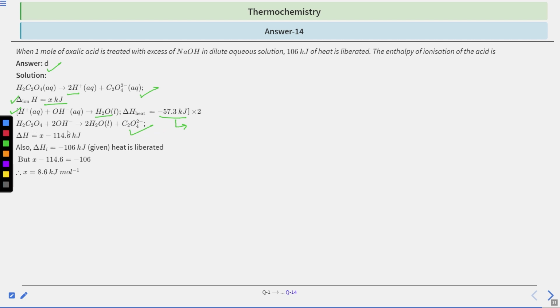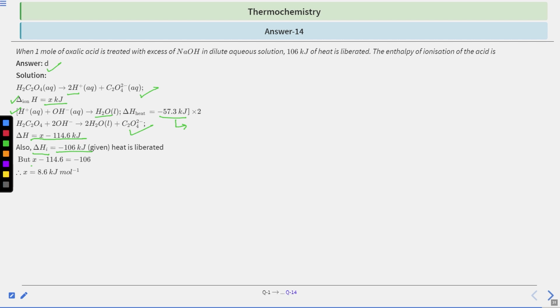And the enthalpy for this reaction will be X minus 114.6 kilojoule. Okay, so 114.6 kilojoule is minus 57.3 multiplied by 2. The enthalpy of this reaction is also given as minus 106 kilojoule, which is the heat liberated.